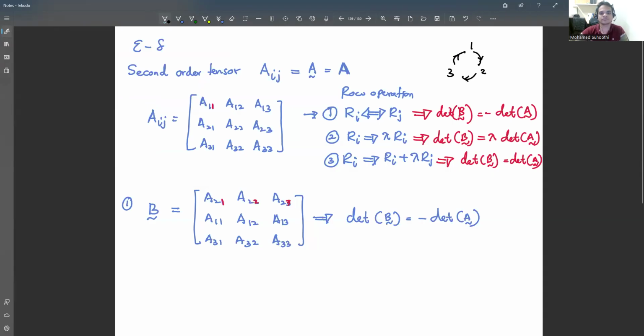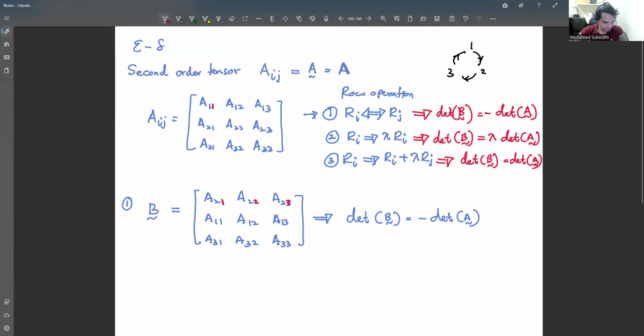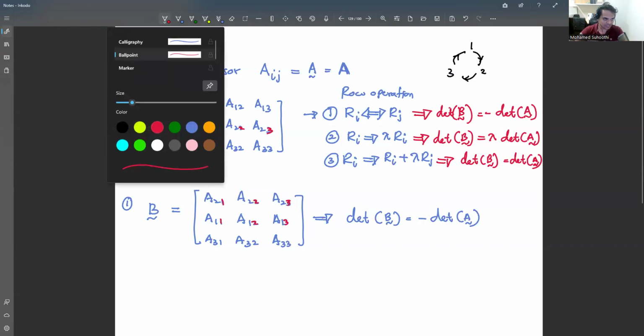Here 1 going to 2. Similarly, the second one, if you keep this one same, this will be 2, 3, 3. So now 2 to 1, the opposite order. Therefore now I can connect this row operation with our permutation symbol.